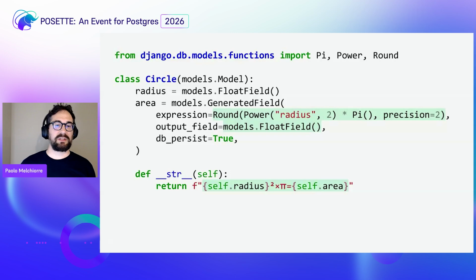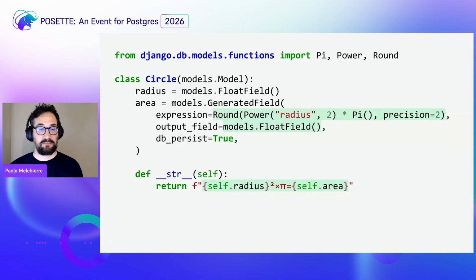We are already using some functions from the Django ORM, which are at the same time functions in the Postgres layer. We are calculating the area using some functions and some constants. And I also put the output field and the percentage value.